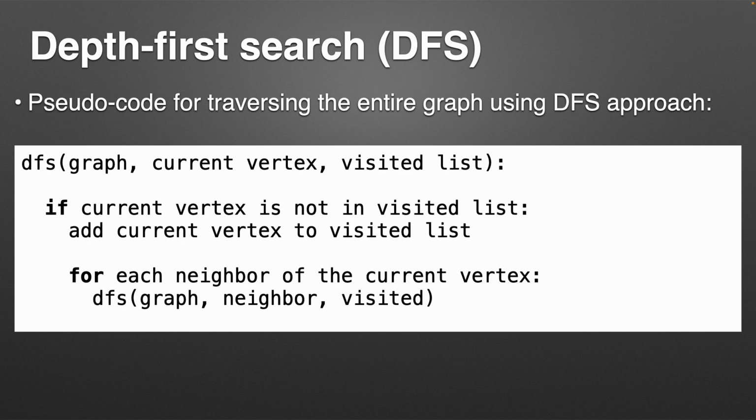Then for each of its neighbors, we do the same thing, recursively. That forces us to go to our neighbors' neighbors' neighbors before we go one degree out at a time. So if we have three neighbors, for our first neighbor we go as far as we can on that chain before we come back and look at our second neighbor. That's the depth part of it: you follow all of the neighbors that you can get to first, rather than surveying the neighbors that are closest to you.